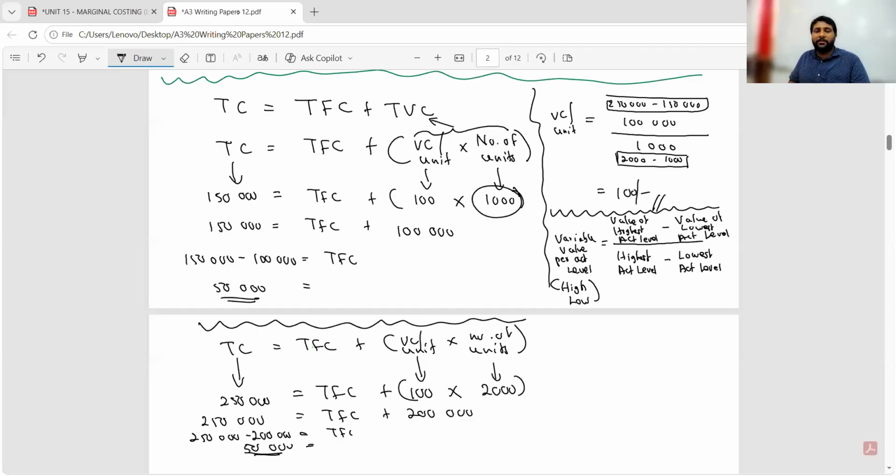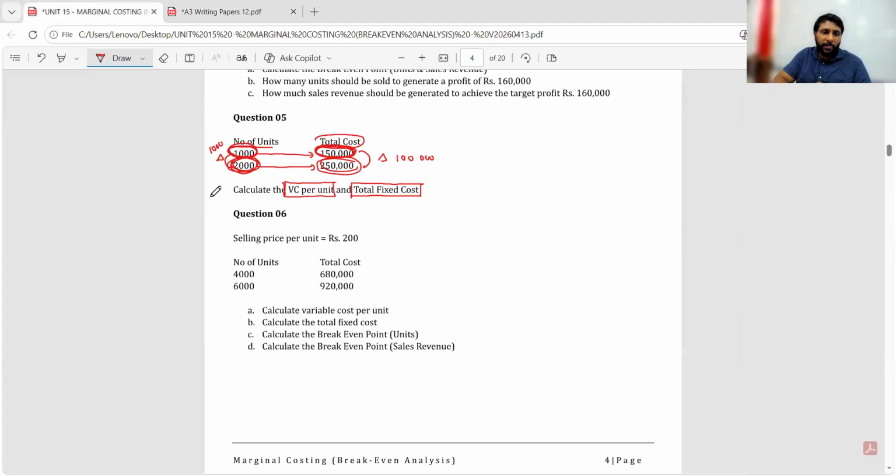Everything in black color, write it. Online people, once you are all done, post a letter D in the chat box. So this is question number 5.